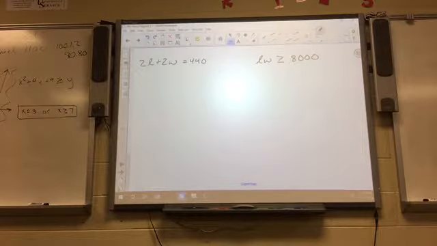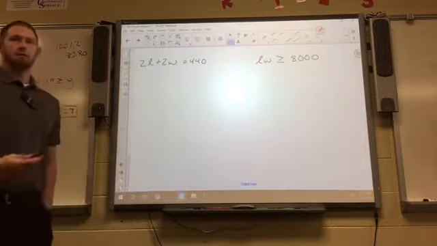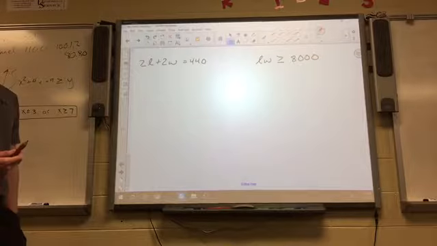Okay. They just want the length options, right? They said describe the possible lengths. So I don't need to worry about the width, but I've got to figure out how to solve for L, correct? So to solve for L, that means I have to somehow get rid of W, right?